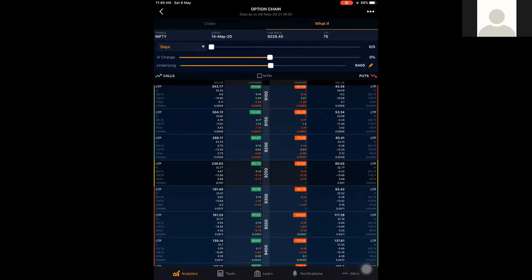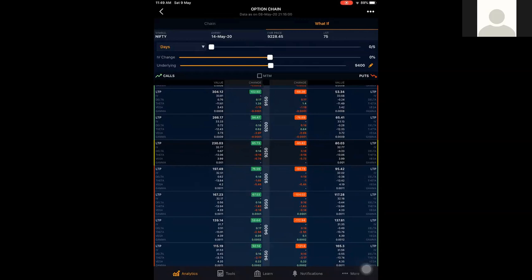Can you see this 9300, 76.59? That shows the increment. So your 9300 call will increase by 76.59. The premium can go to 197 rupees.